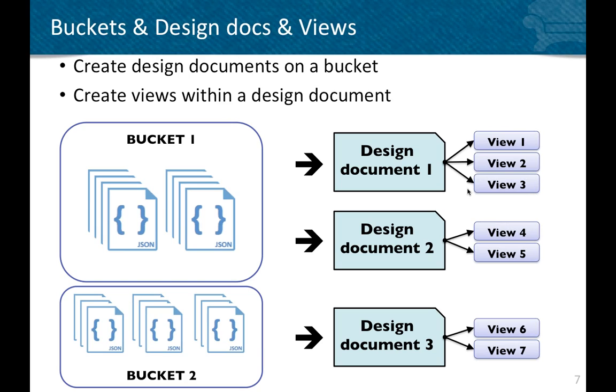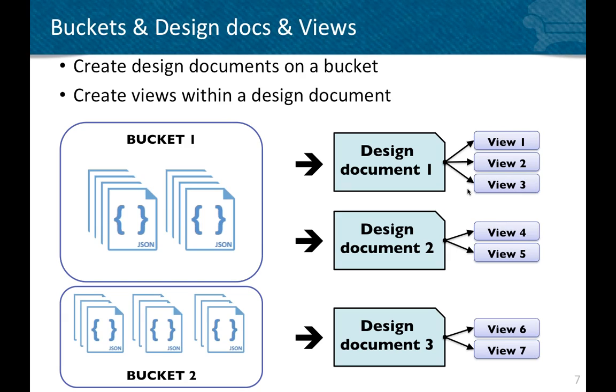Before we can show that, we'll show just a bird's eye view of what's happening. Here is a representation of Couchbase Server with two buckets, both with JSON documents in them. The first bucket has two view groups, and the second bucket has one view group.